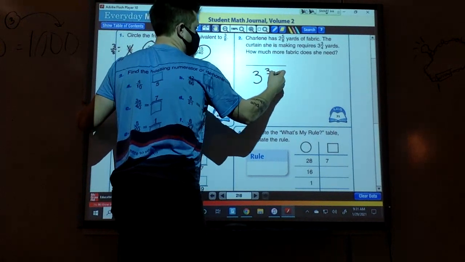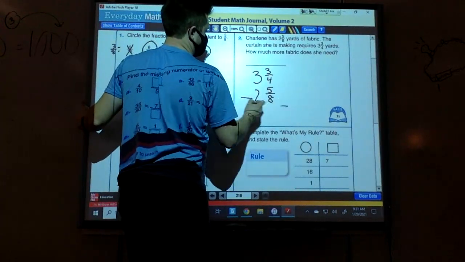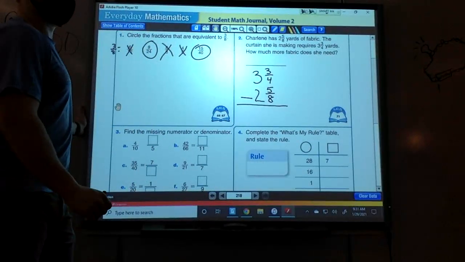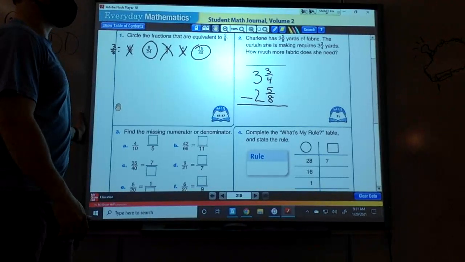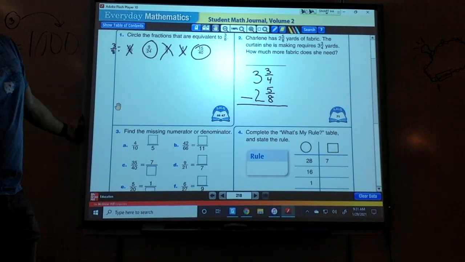Perfect. We need to take 3 3/4 minus 2 5/8. Wouldn't it be 1 1/8? It would be. Why? Because you subtract it. But this is 3/4. We can't do it as it is.